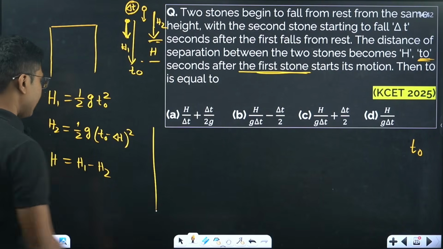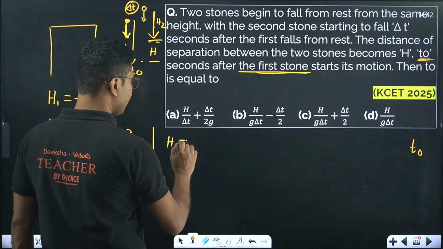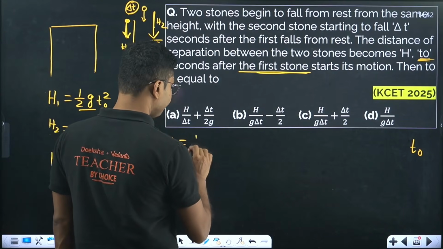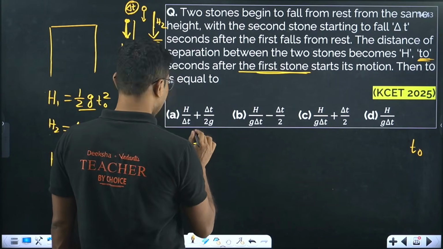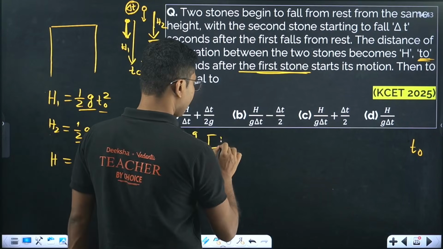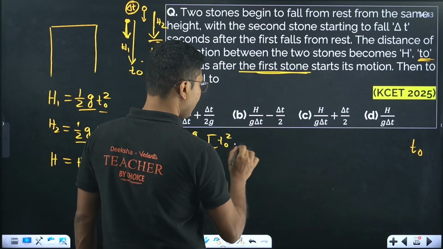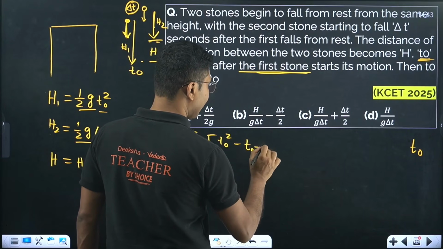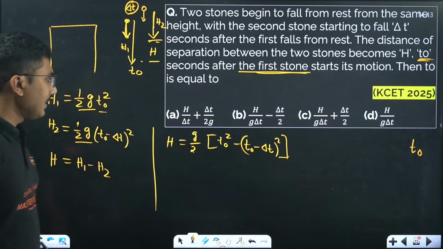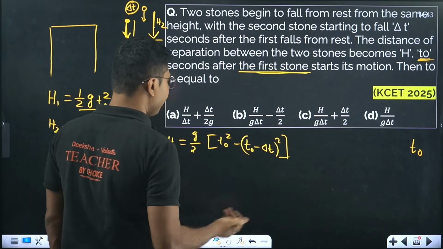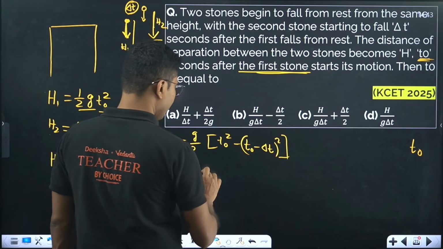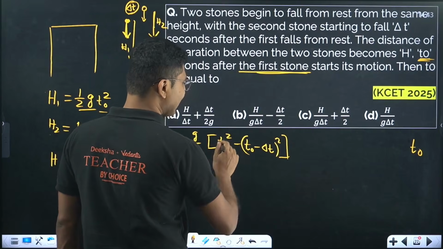So now let's start. H equals half g, which is common, so g by 2, and in brackets we can write t naught square minus (t naught minus Δt) whole square. Now we have to simplify. So 2H by g equals t naught square minus (t naught minus Δt) square, that is a square minus b square.